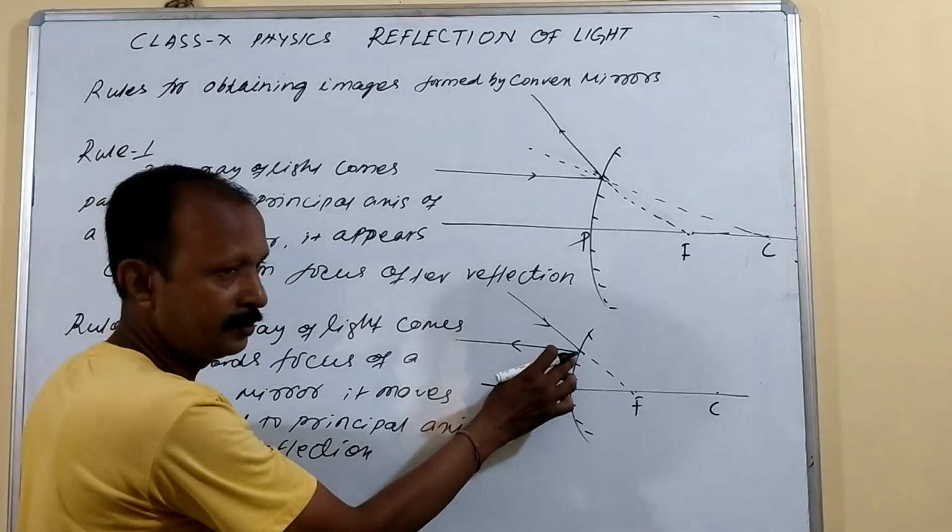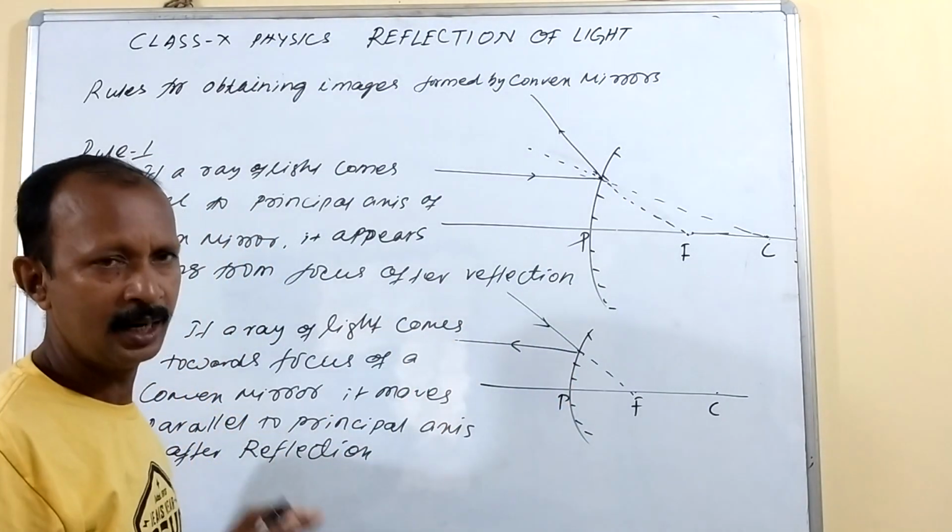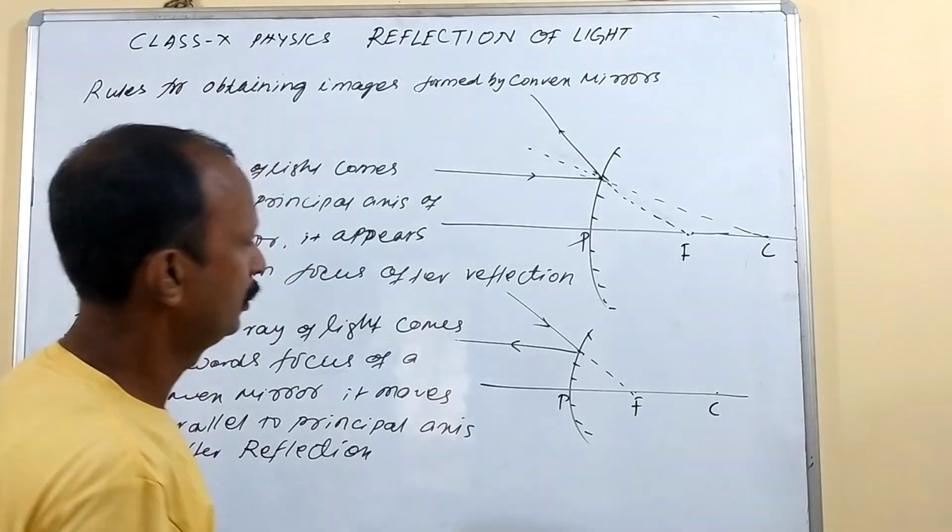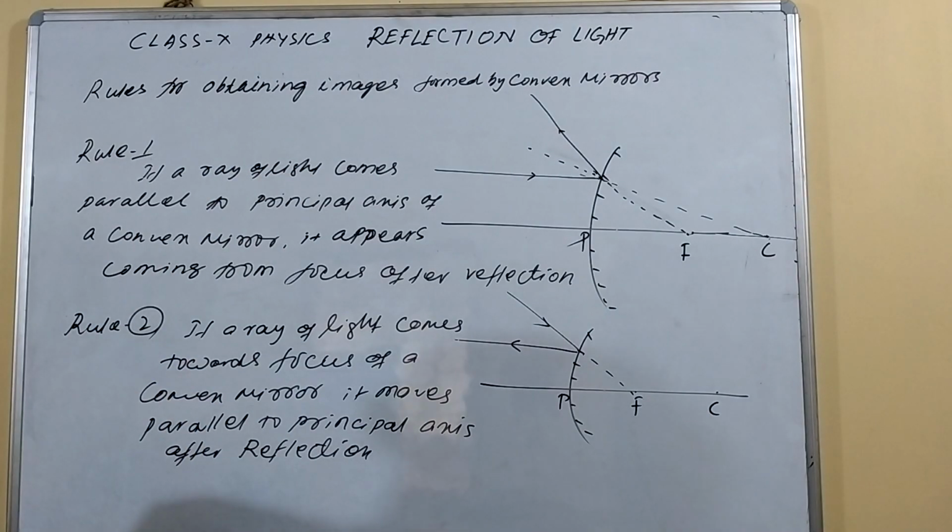It comes towards the focus, it moves parallel after the reflection. So next one, rule number 3.